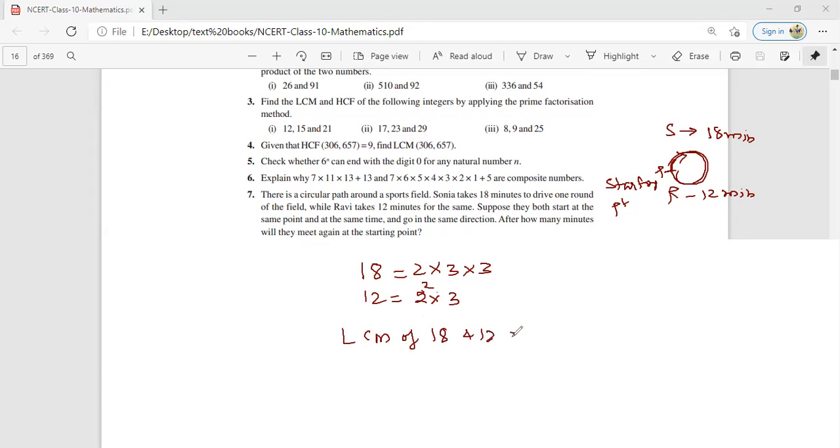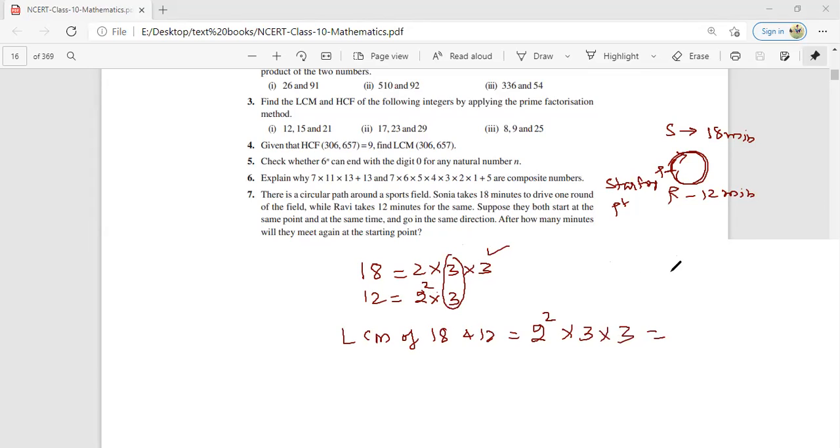of 18 and 12. First we will take the common terms. 2 is common and the maximum power of 2 is 2. Then 3 is common and it is one time only. Then one 3 is left, so write one more 3.